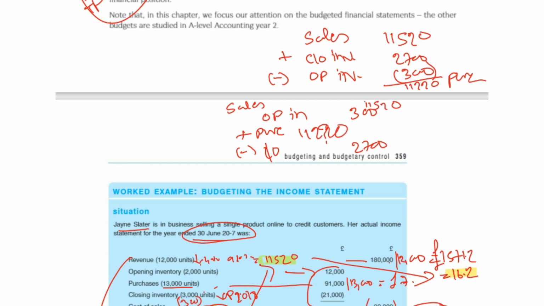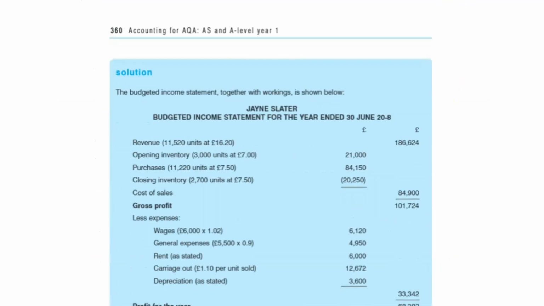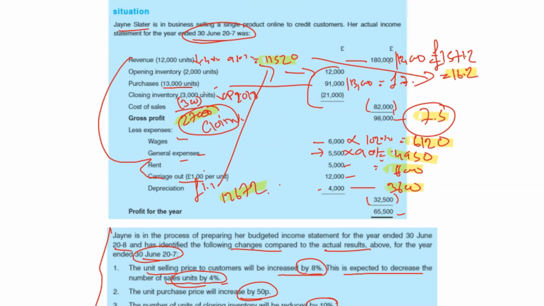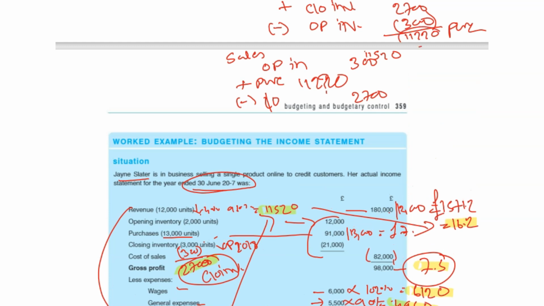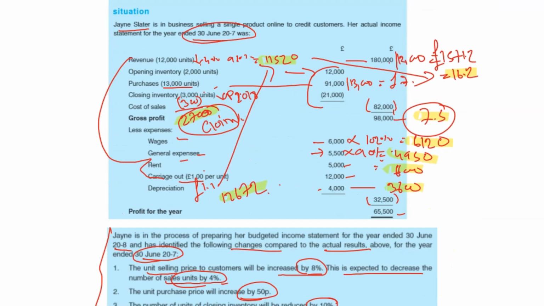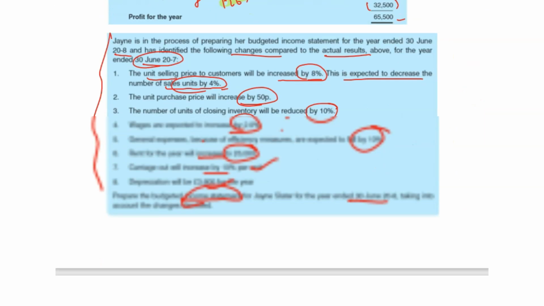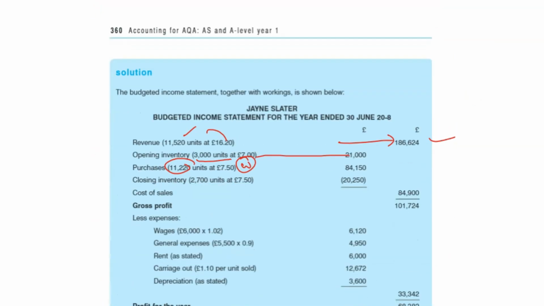Let's reveal the answer. How do you do it? Here we go. 11,520 at the rate of 16.2. That's your selling price. Opening inventory, there is £7. Or just copy paste. Here's the purchase. We have worked it out just now, 11,220. And what is the purchase price? 7.50. You multiply with that, you're going to get your answer.